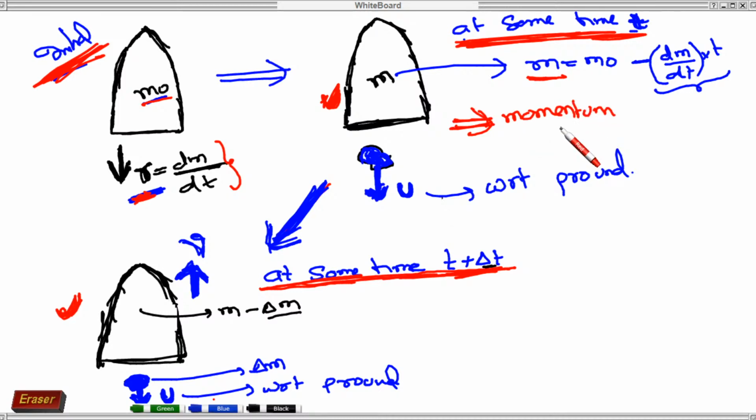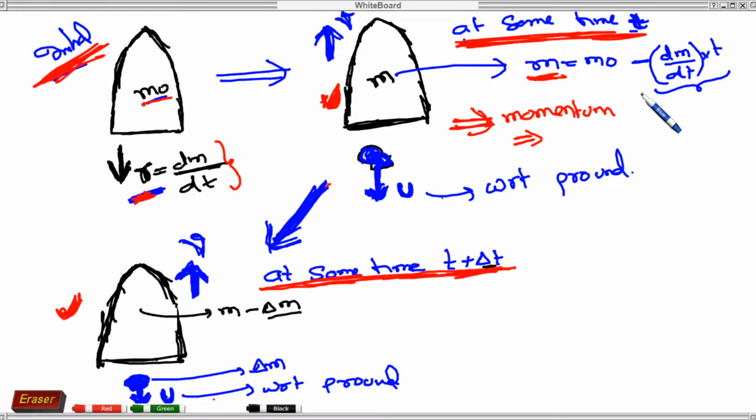P is equal to m into v. So what it will be? This m into v, suppose this rocket is going upward with velocity v.